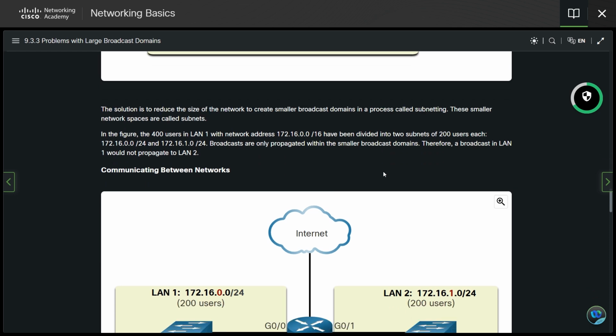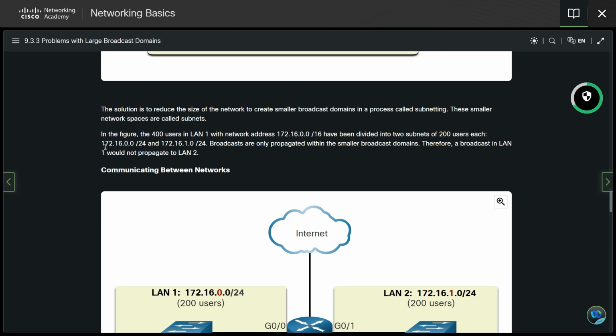The solution is to reduce the size of the network to create smaller broadcast domains in a process called subnetting. These smaller network spaces are called subnets. In the figure, the 400 users in LAN 1 with network address 172.16.0.0/16 have been divided into subnets of 200 users each.